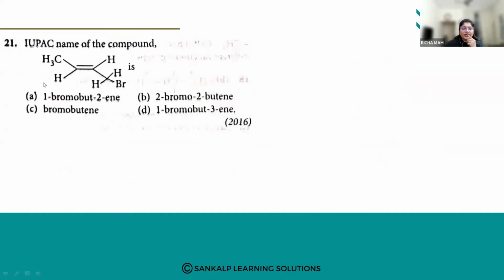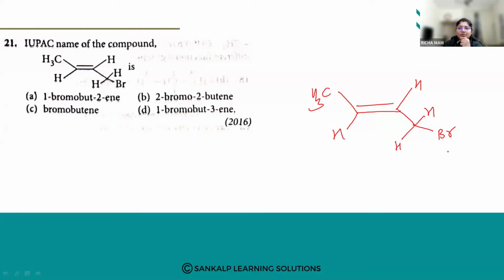This we will see next time. One more IUPAC name. This question we'll see. See here, CH3, H, Br, H, H. So how are we going to number this now?